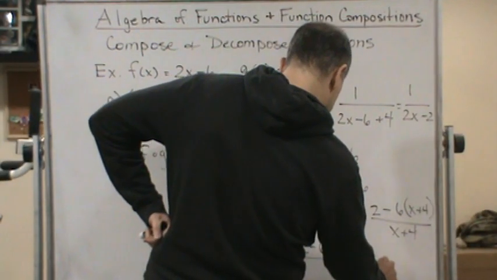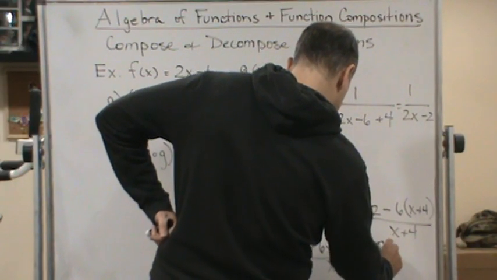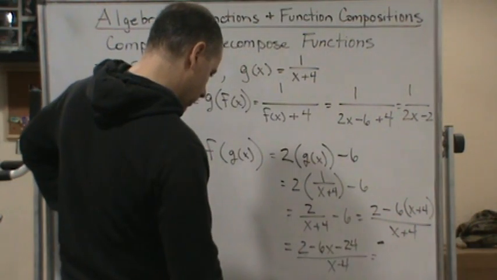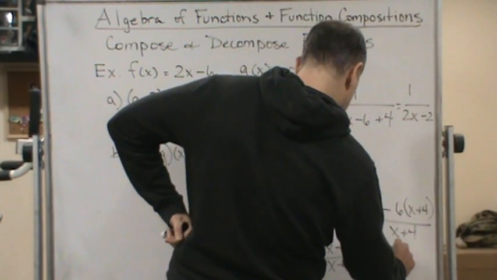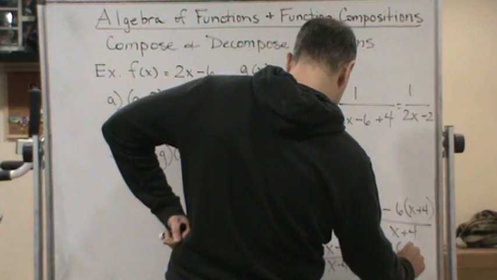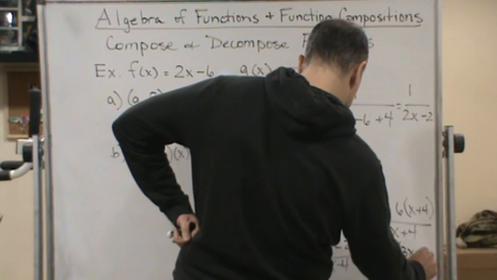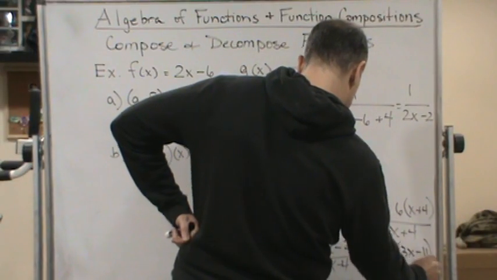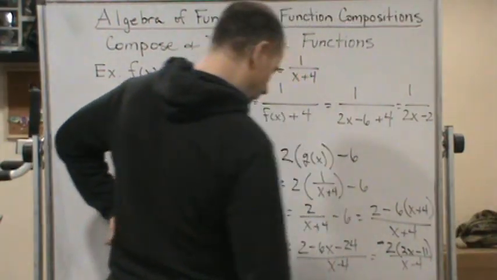And so what I'm going to end up getting is negative 2 times 3x minus 11 all over x minus 4.